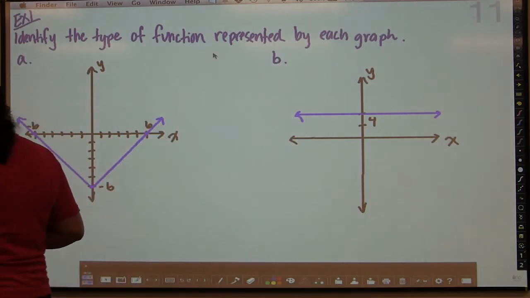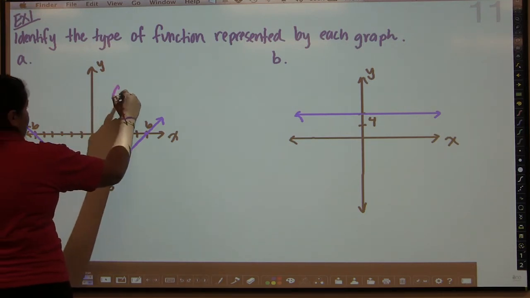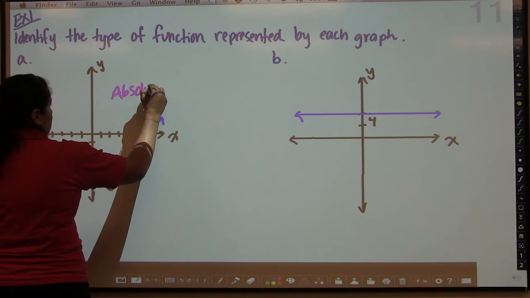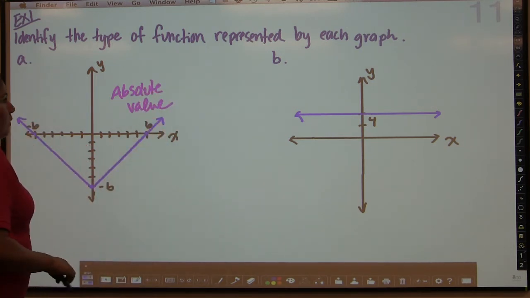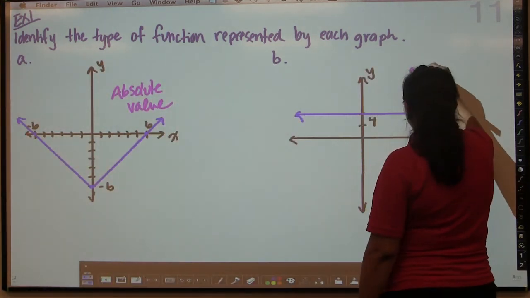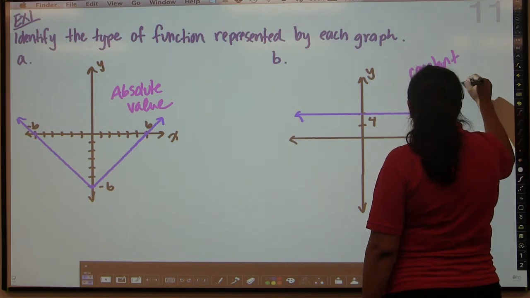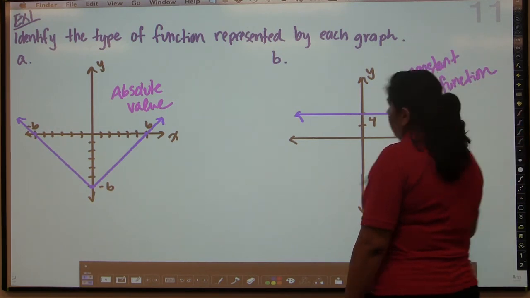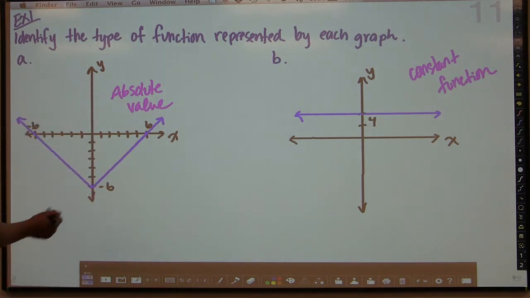We look at A and we can see that it has a shape of a V, and so therefore this one is an absolute value function. Very nice. We look at B, and because it looks like a horizontal line, this is a constant function. All right? So, like I said before, it's not a very complicated section, but there you go.